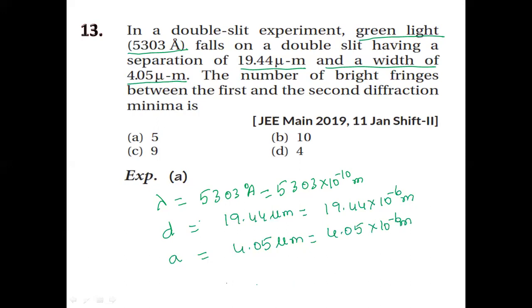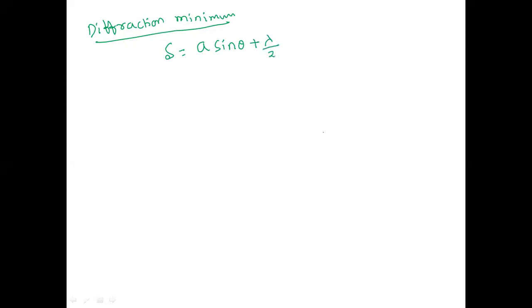Now they are asking the number of bright fringes between first and second diffraction minimum. For diffraction minimum, the path difference in diffraction is a sine theta plus lambda by 2 additional path difference.